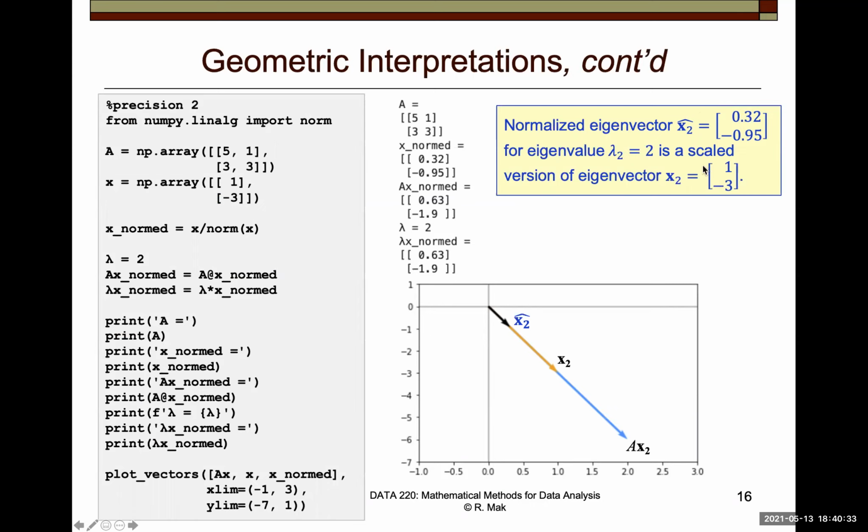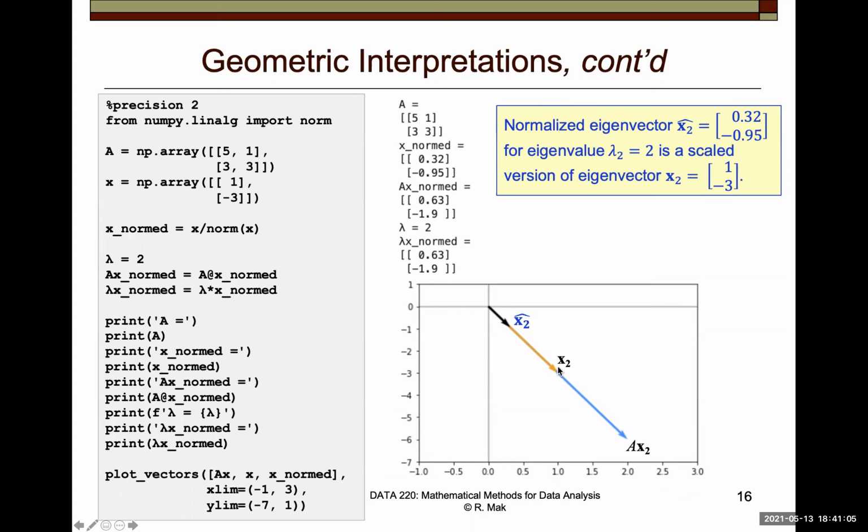Then here is the eigenvalue. If this is the original eigenvector, 1, minus 3, this orange one here, starting from the origin, we saw earlier that if we multiply that by A, we get a vector that is twice as long.